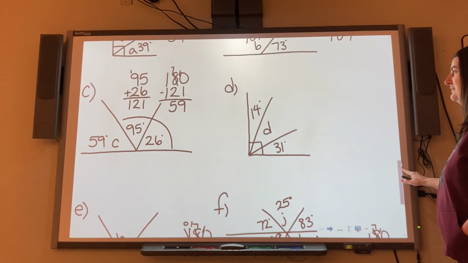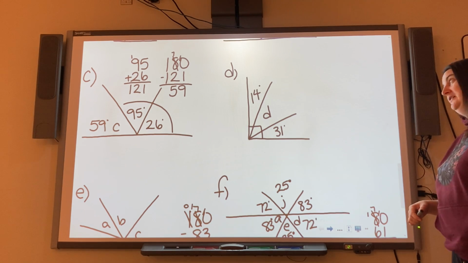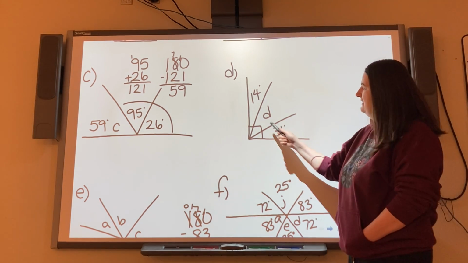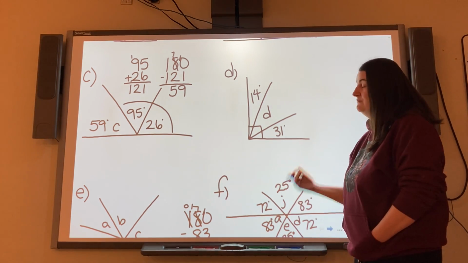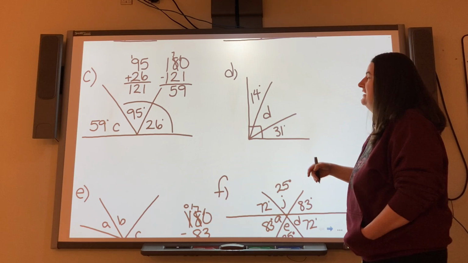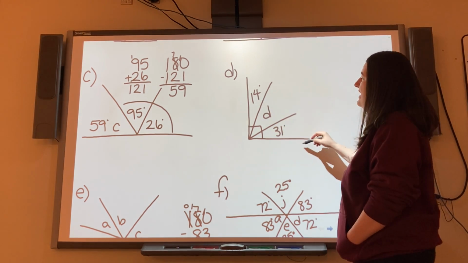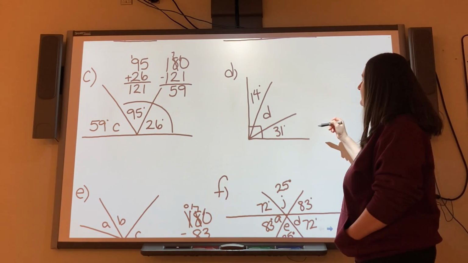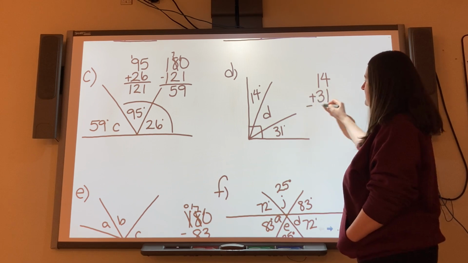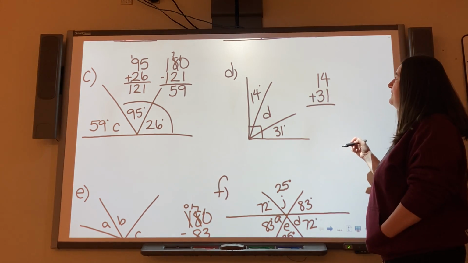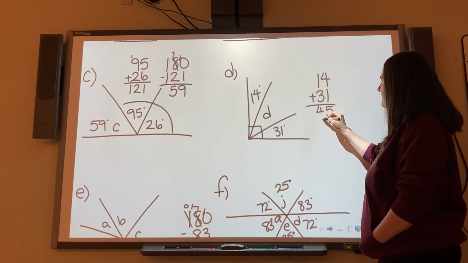Next. We did C yesterday, and now we'll do D. So D is a right angle. It adds up to 90 degrees, but it's split into 3. So I need to add the ones that I know together and then minus from 90 to find the missing one. So I take my 14 and I take my 31. I take the angles that I already know and I add them up. 4 plus 1 is 5. 1 plus 3 is 4.